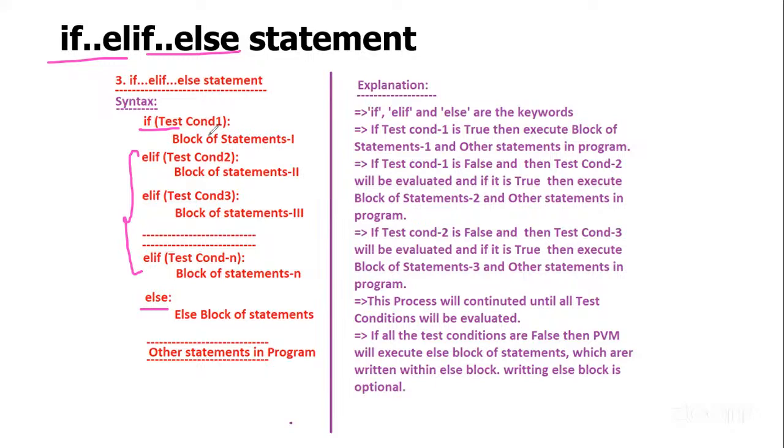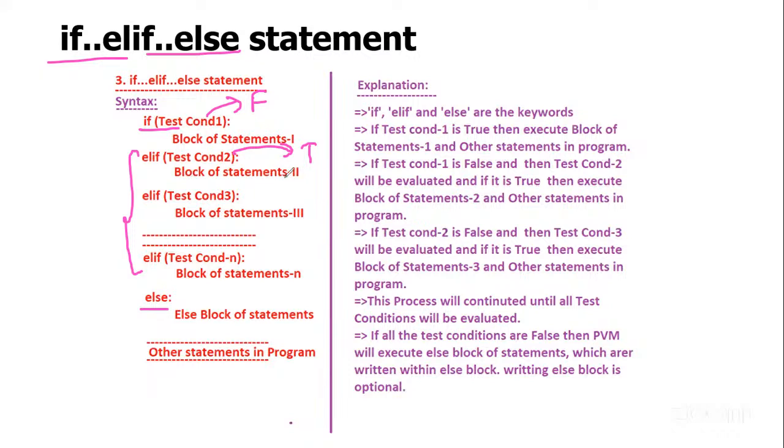The if block is similar to the simple if statement. If this condition is met, obviously it is going to execute block of statements 1. What if this condition is false? If it is not satisfying, it comes to the first elif block and checks for condition 2. If this condition is true, it just goes and executes block of statements 2.